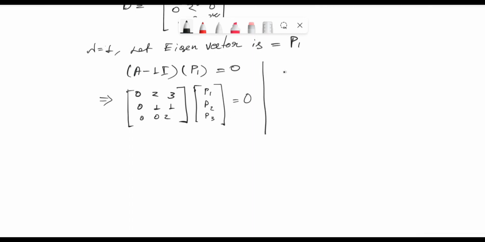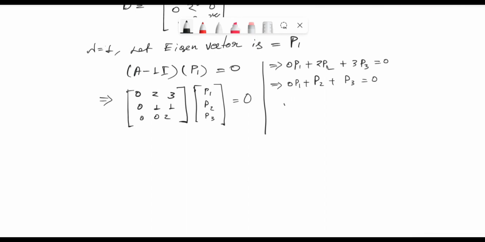From this matrix, we have the system of equations: 0 p1 plus 2 p2 plus 3 p3 equal to 0, and 0 p1 plus p2 plus p3 equal to 0. These are all small p1, p2 and p3.